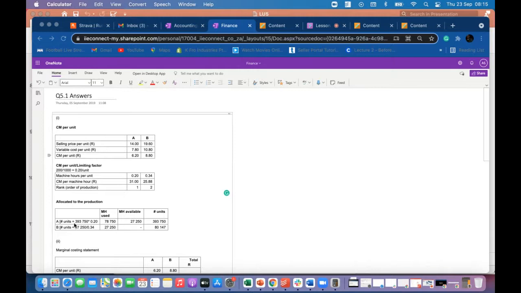So we know that we need 0.2 machine hours to produce 1 unit.